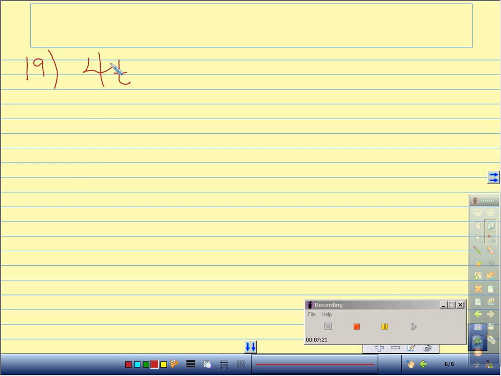Remember, anytime there's not a mathematical symbol between a number and a letter, or a letter and a letter, it automatically means to do multiplication. So all this means is 4 times T. Now, in our instructions, we find out that T is equal to 3/4. So all we have to do is plug in 3/4 where there is a T.